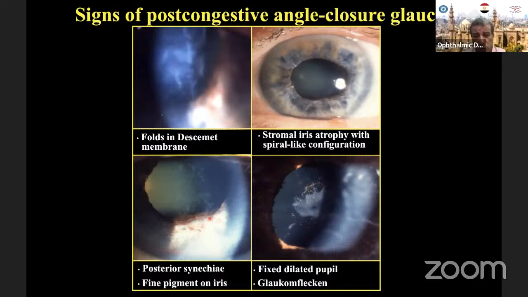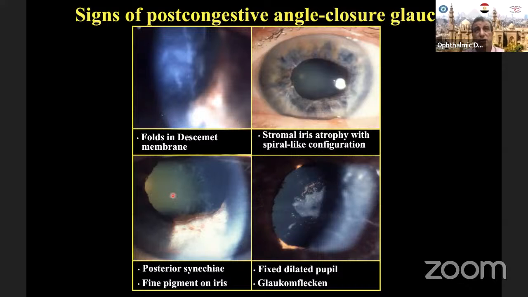I mean that the posterior surface of the iris is attached to the anterior surface of the lens, and you see fine pigment on the iris and some pigments, as you could see here, on the anterior surface of the lens and on the back of the cornea because of the accompanying iritis.